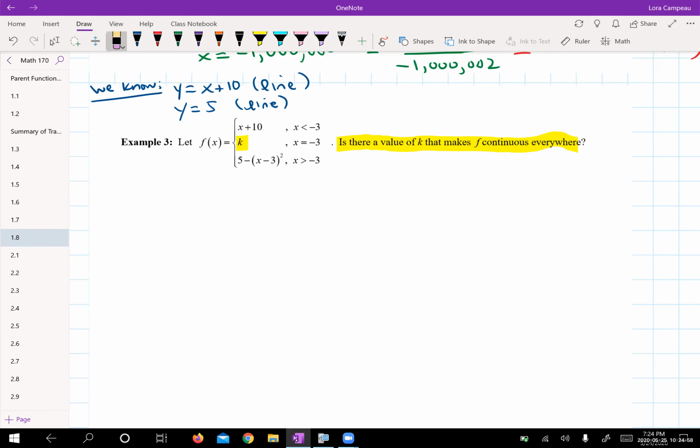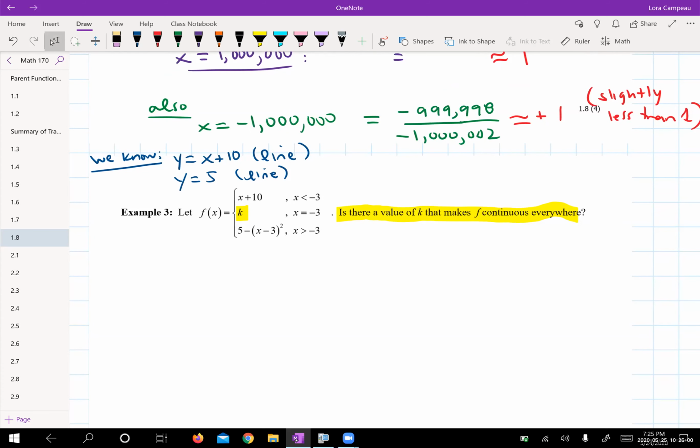But generally, when they ask the question, is there a value of k that makes f continuous everywhere, we might be concerned about what's happening at that value. So that's kind of where my highlighting comes into place. Question: what is happening at the domain x equals -3?